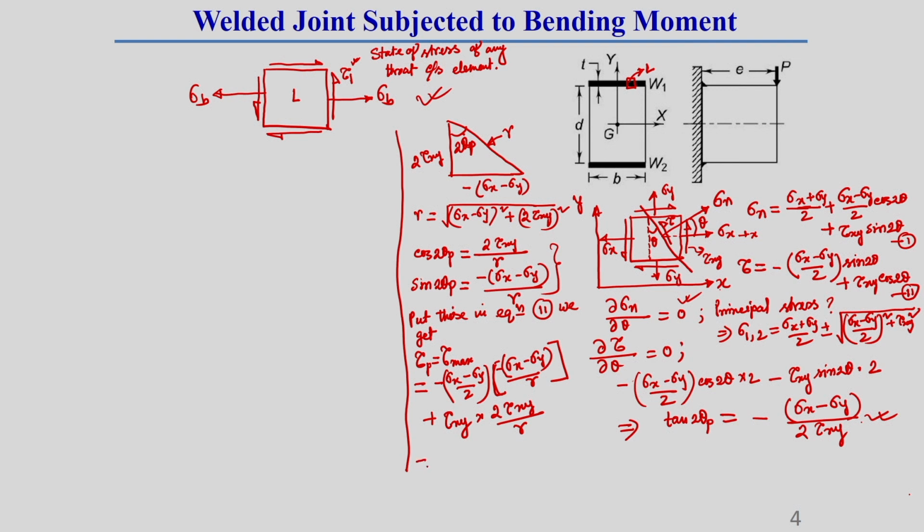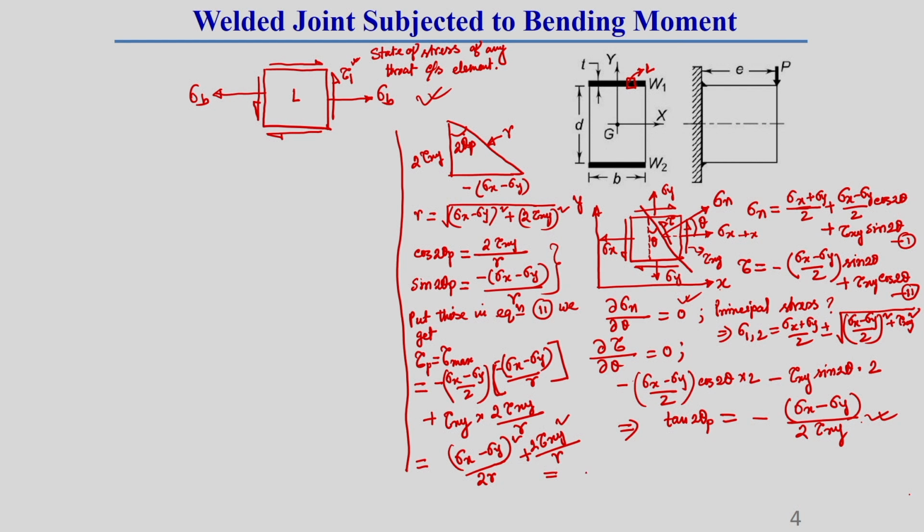So, what can we get here? We get (sigma x minus sigma y) whole square divided by 2r plus 2 tau x y square divided by r. Now, from here what can we get?